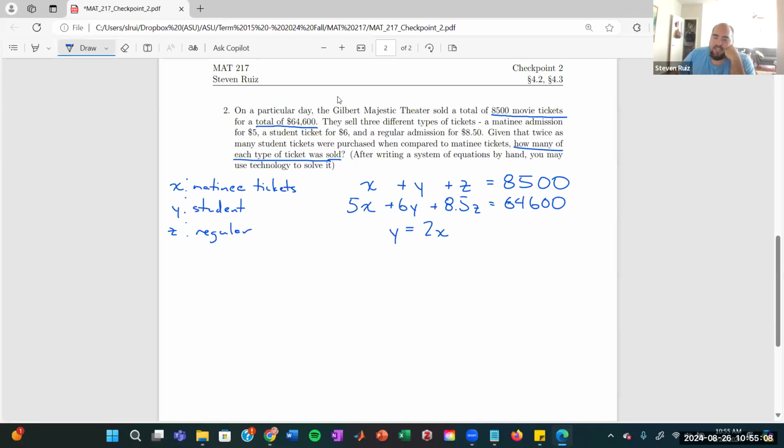So now I would like to put those in a matrix, kind of like the one I built above. So 1, 1, 1, 8,500. 5, 6, 8.5, 64,600. This last one we've got to be a little more careful with because it's missing a lot of information.